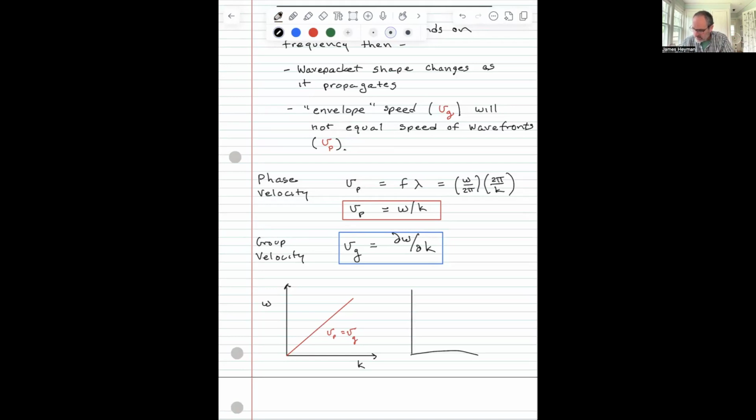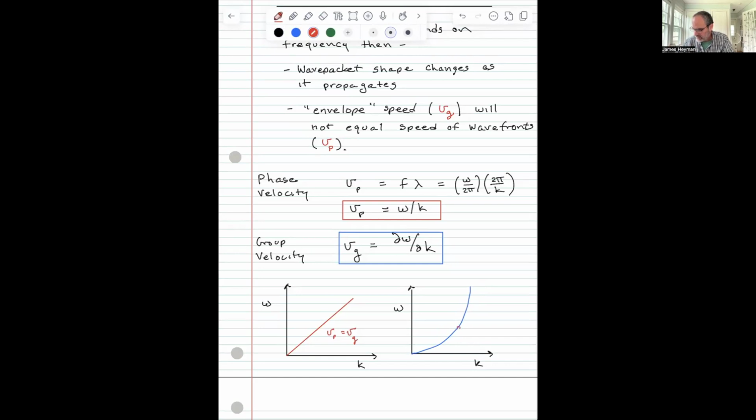On the other hand, if the relationship between omega and k is not linear, but looks like this, then the group velocity and the phase velocity will not be the same.